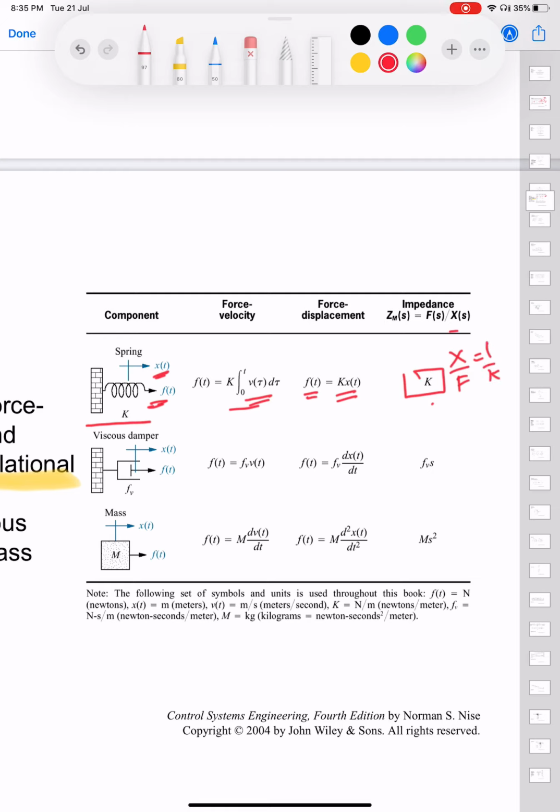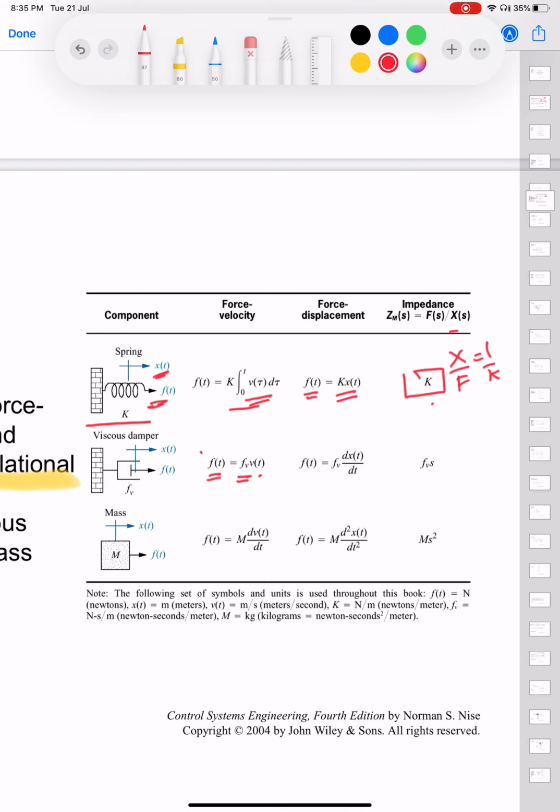Now, the second element is the damper. The damping force is proportional to the velocity, just like the spring force is proportional to the displacement.